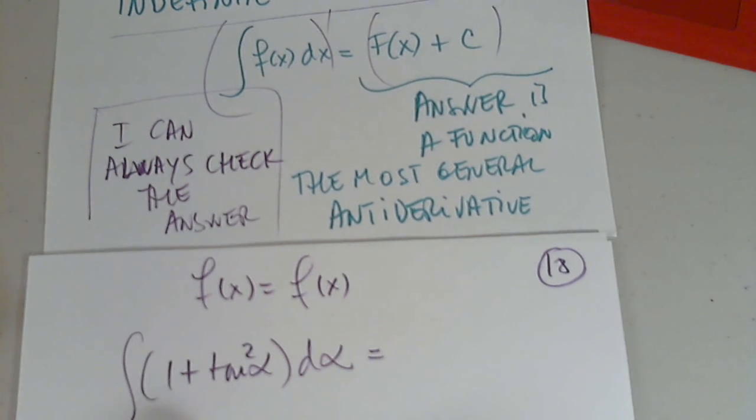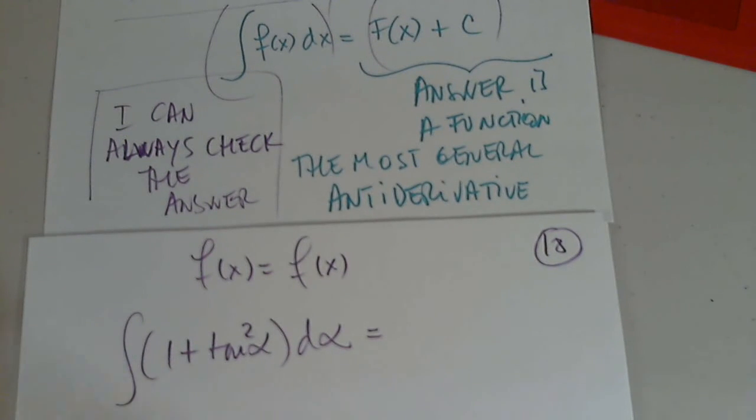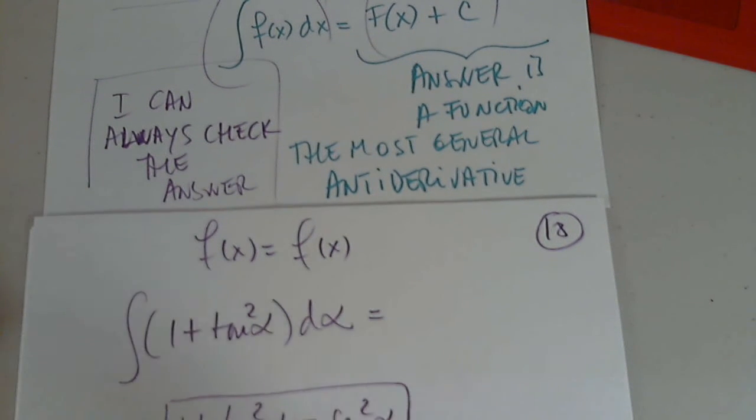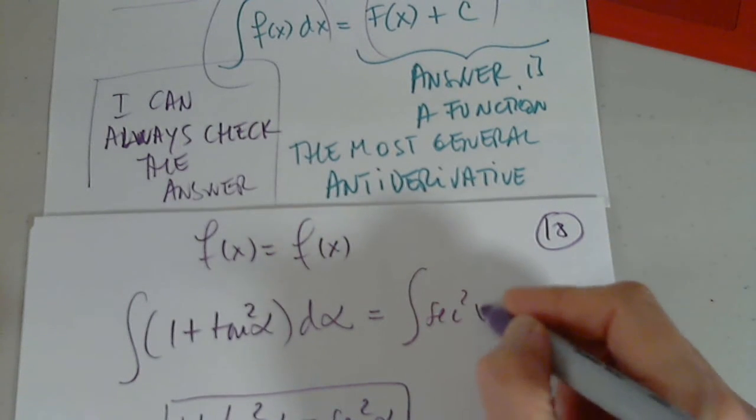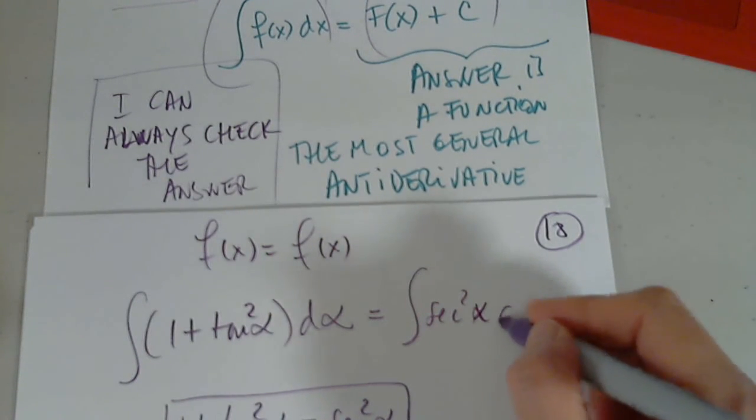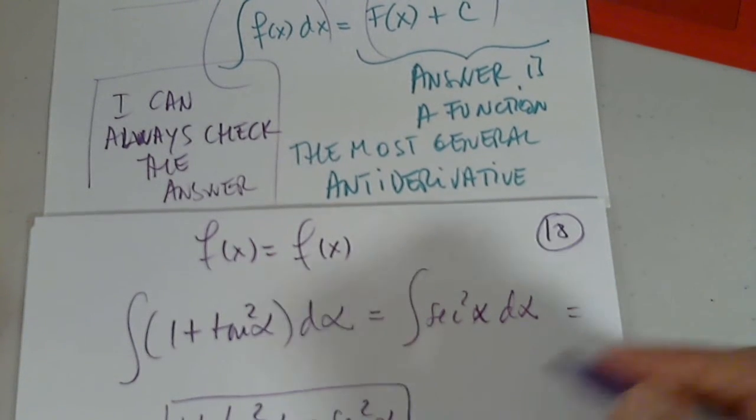But I know an identity that says 1 plus tangent squared equals secant squared. At some point in time, we talked about those three fundamental trig identities. This I like. So I'll change this into secant squared alpha d alpha. And now I know the answer.